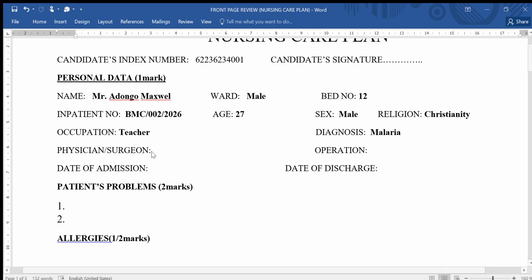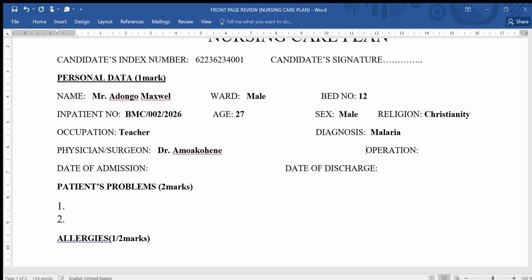So let's say the physician is Dr. Amwaku Hini. That's our doctor.